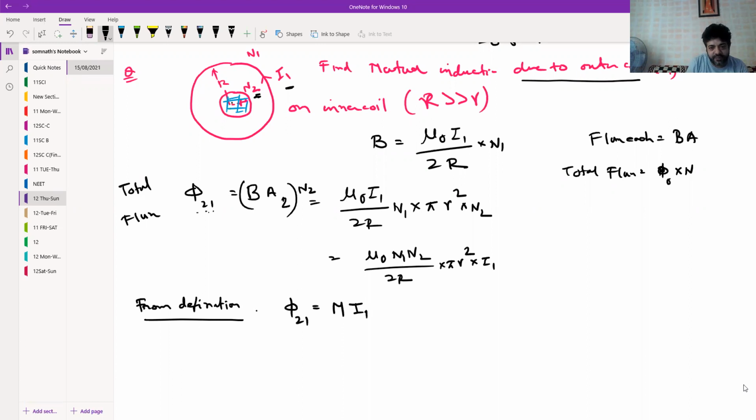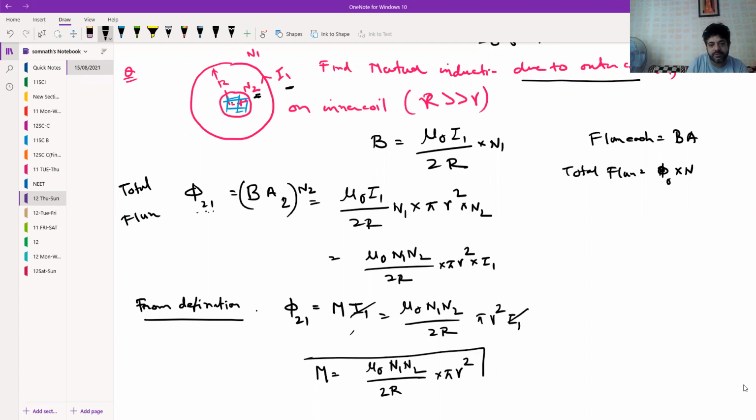If we compare them, mu naught N1 by 2R, pi r square, I1, I can cancel I1. So what I have is mu naught N1 by 2R into pi r square, yes or no?